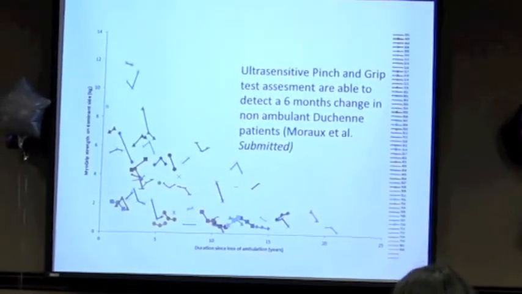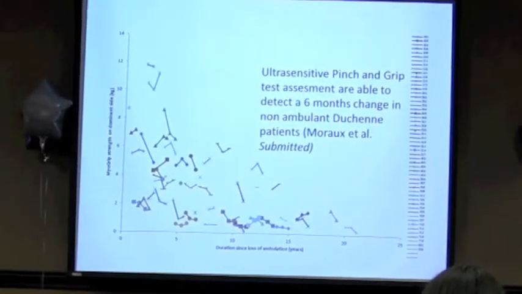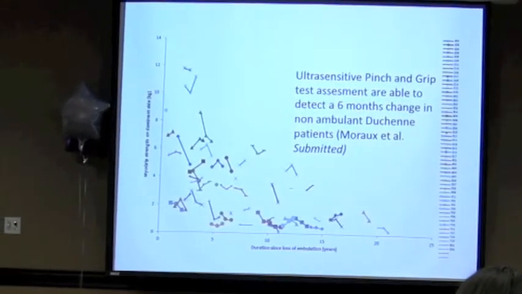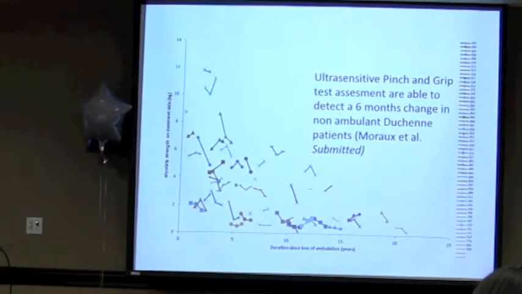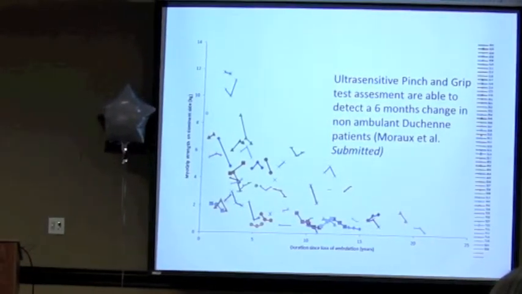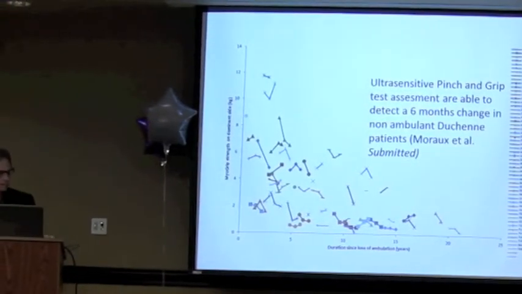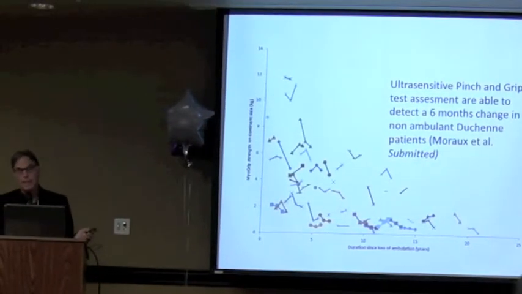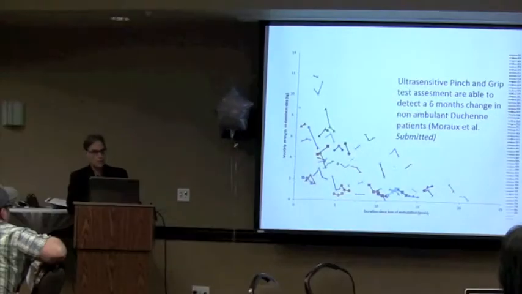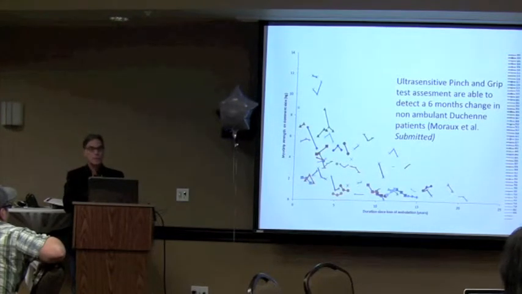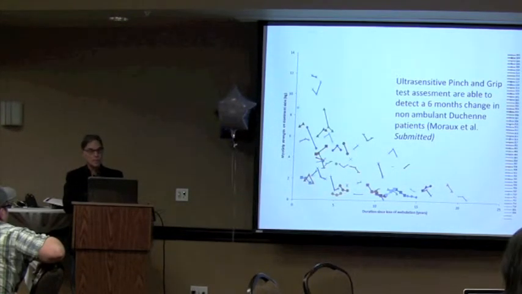And then over time, what you see with these instruments is that you can see the decline in patients over time, but also within individual patients, there generally seems to be an ability to measure a downhill course, and that's going to be important in our ability to measure change in patients and discriminate change in untreated patients from patients who are treated with drug if the drug is efficacious.